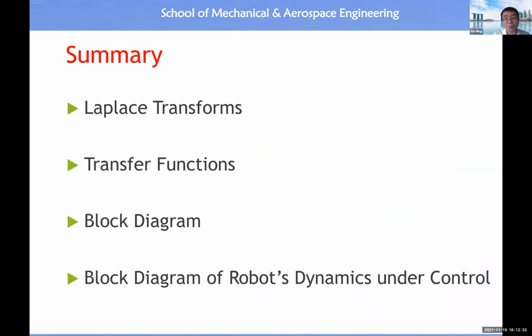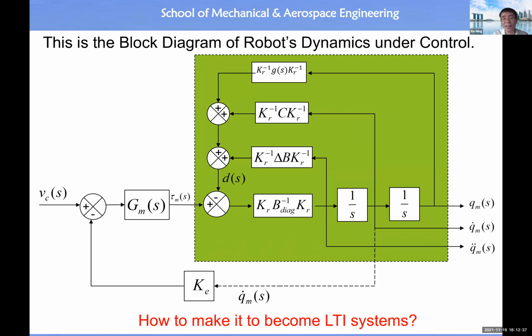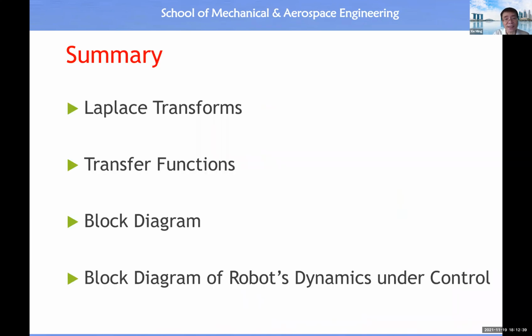Okay, so that's all for today's lecture, which is about lecture 3. Okay, so the key takeaway from lecture 3 is for you to have a quick study about the important properties of the Laplace transform, and therefore, immediately you see the two important benefits of the Laplace transform.